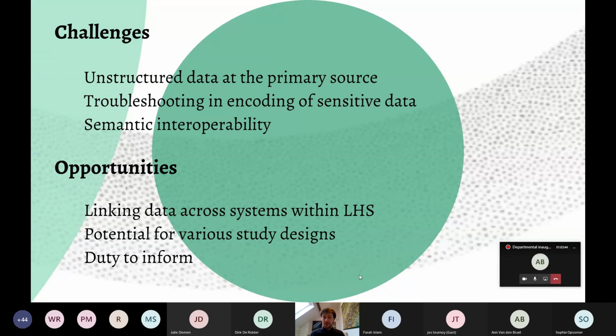And then another challenge, and I think this is something which is often overlooked, is semantic interoperability. What I mean with that is you can have a data element which seems to be identical, but actually in 2 different primary sources means something else. And I'll give an example.